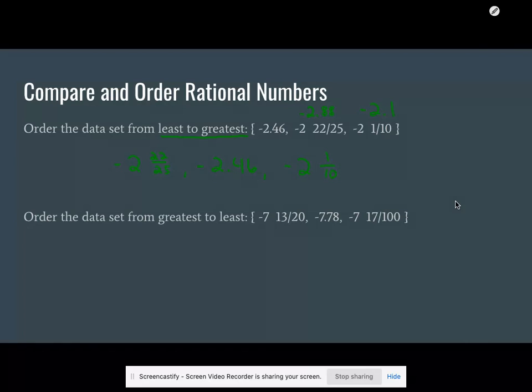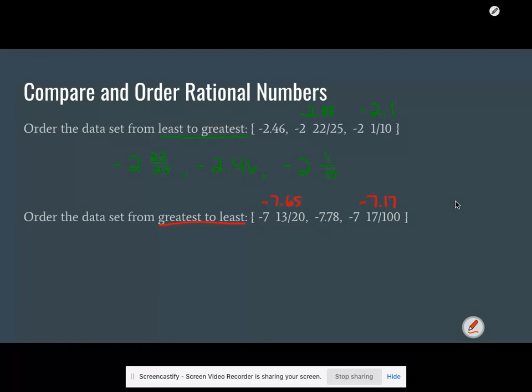So again, just like the example we just got done, now we're looking at greatest to least, so I'm going to have to find the closest negative number to 0, changing all of these into decimals. I know that this is negative 7.17, and then 13 times 5 is 65, so negative 7.65.